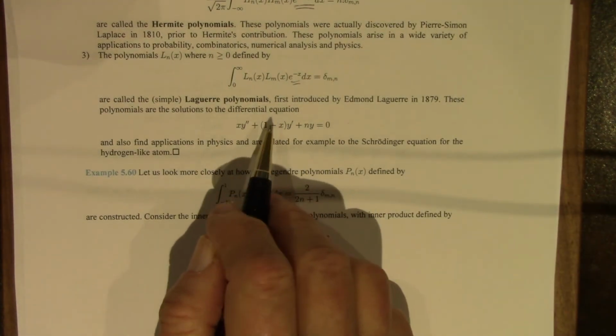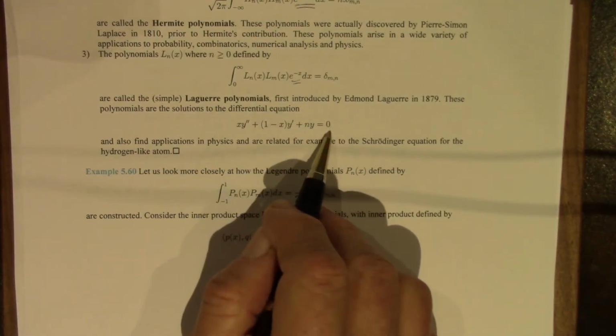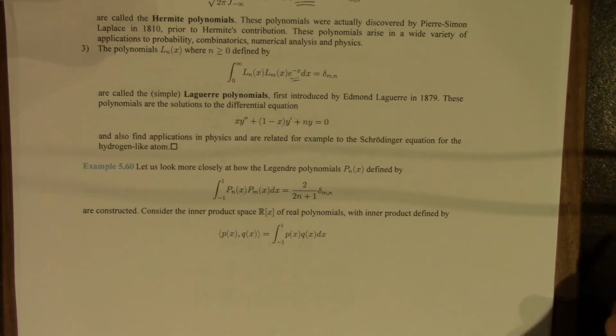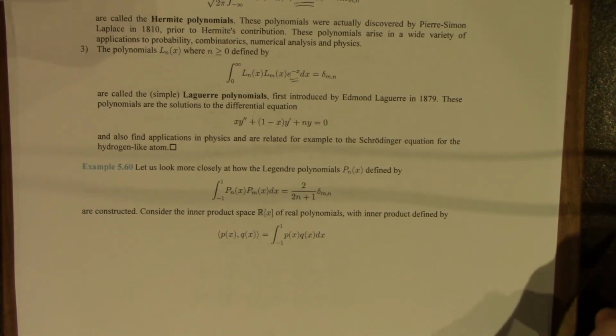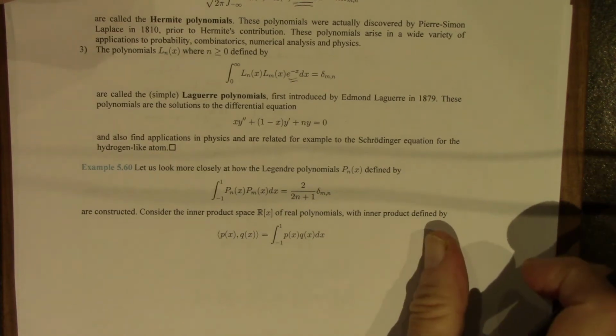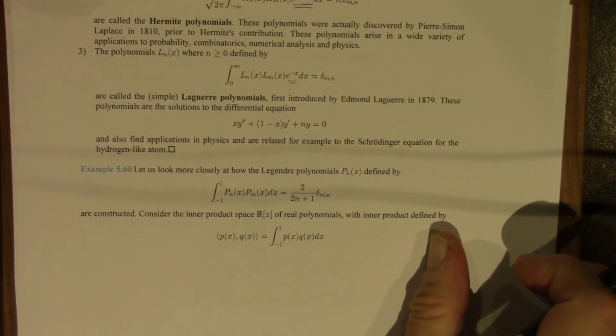They are solutions to this differential equation and find applications in physics. For example, they're related to the Schrödinger equation for the hydrogen-like atom. And that's more than enough physics for this course.